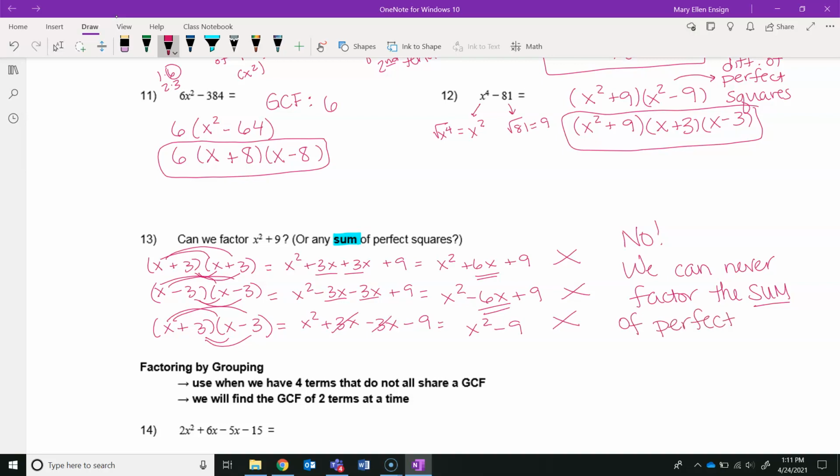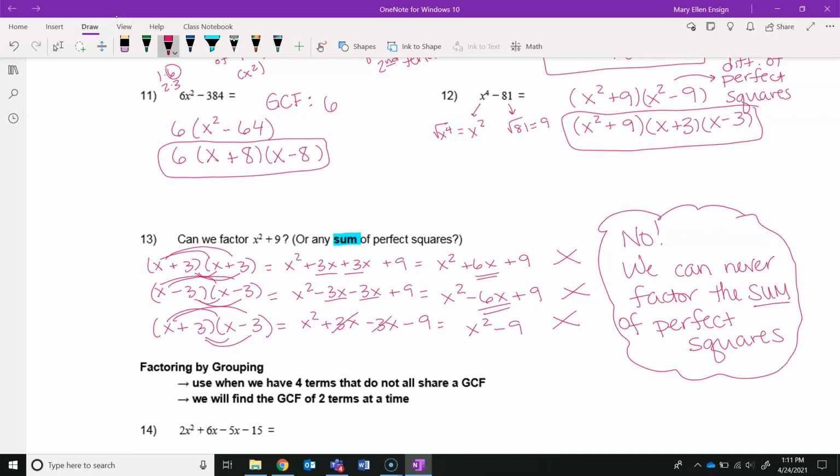Now if you go on to Math 120, you'll talk about factoring the sum of perfect cubes and the difference of perfect cubes. And you'll be able to work with x squared plus 9 because there'll be something called imaginary numbers. But we can't factor it in the real numbers.